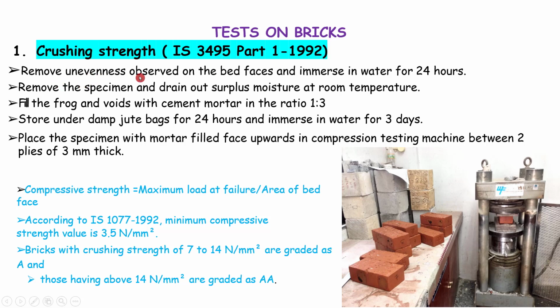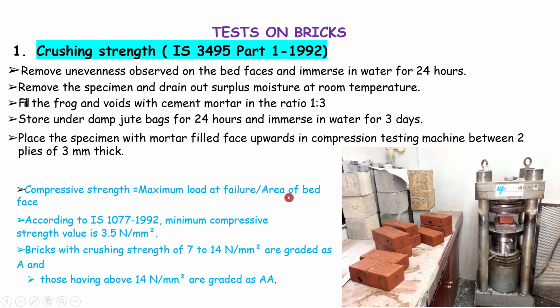First you have to remove the unevenness on the bed faces and immerse in water for 24 hours. There will be some small cracks or holes here. First remove the unevenness, meaning projections on the surface, then put it in water. If there are holes, it is also advised to fill them with cement mortar.